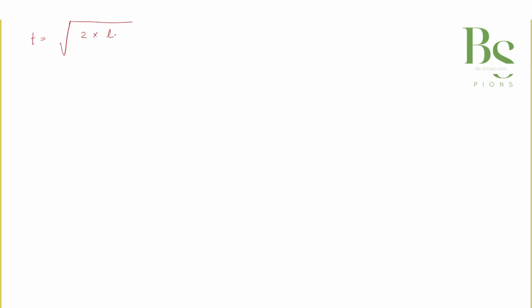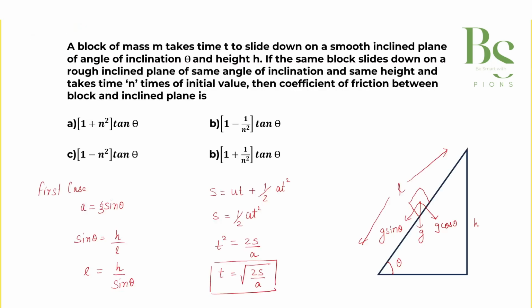It is L, upon g sine theta. And what is L? L is h upon sine theta. We can see that over here, L was h upon sine theta.